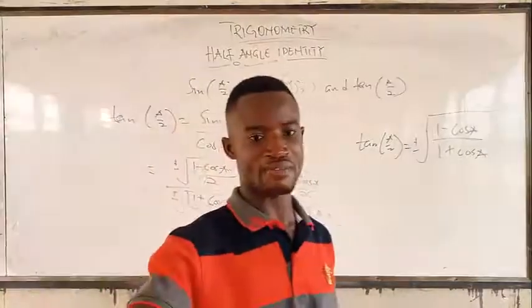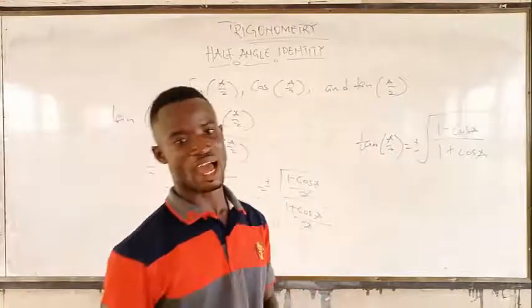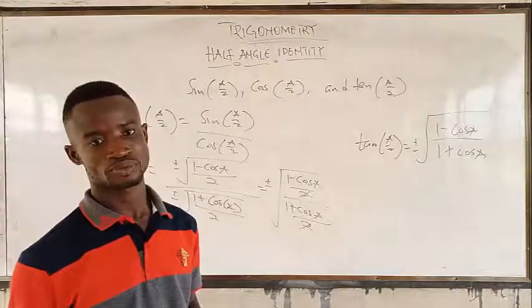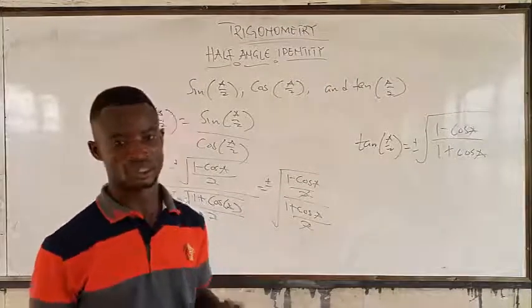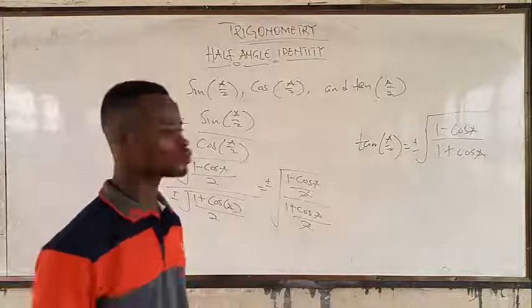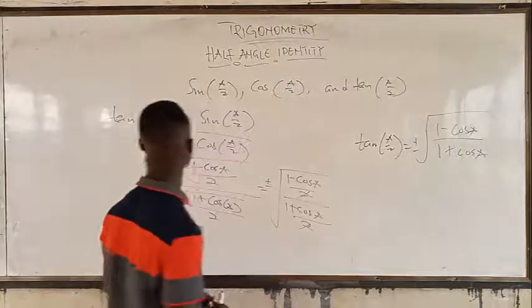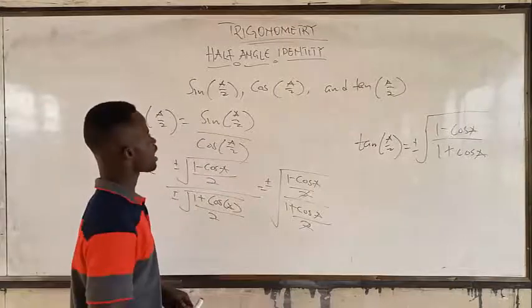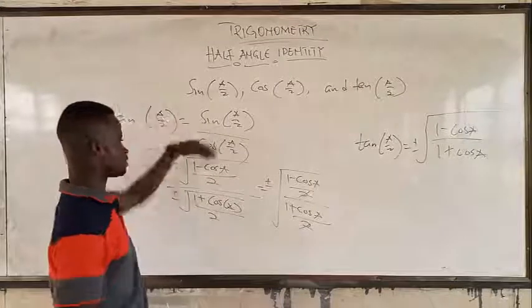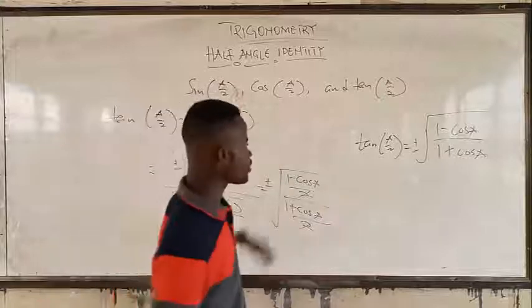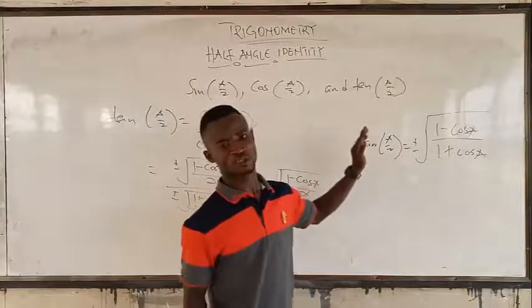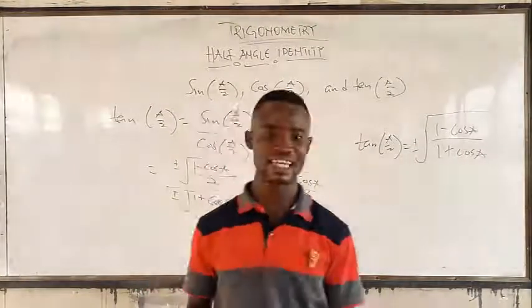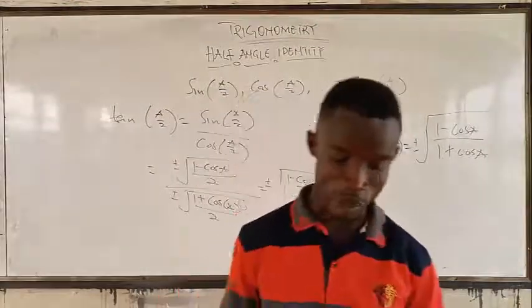Very good. So we derive our alternative identity for tan A over 2 using the half angle identity that we have when we divided. Now we have another identity also for half angle for tan, and that is by using the double angle identity.